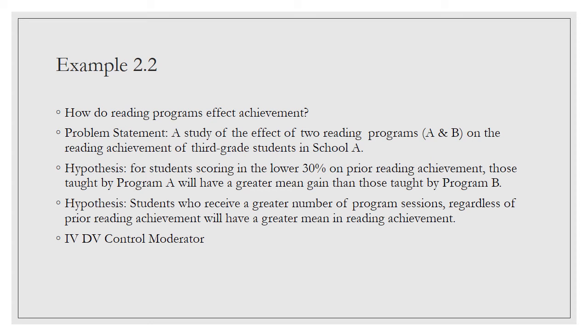The independent variables, we have reading program A and B. We can control those. If we wanted to, we could change our study by going to a different publisher or coming up with a different set of materials. We can manipulate, we can control that independent variable. The dependent variable is the outcome. We're interested here in some sort of gain score in reading achievement.